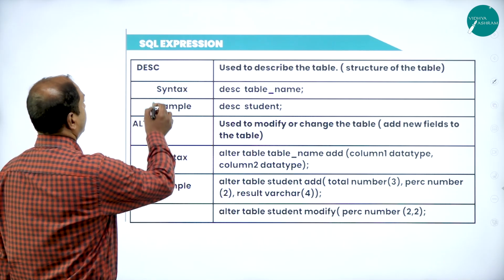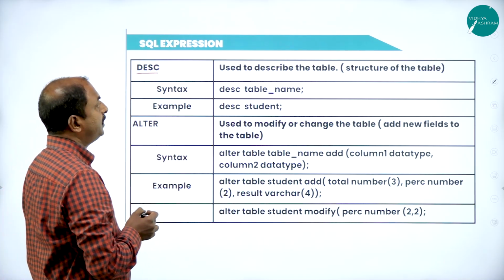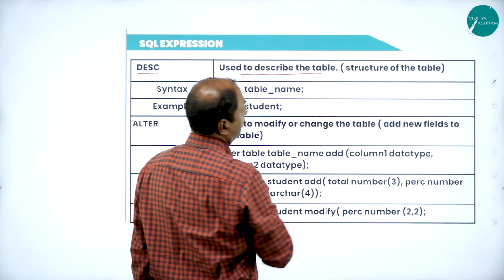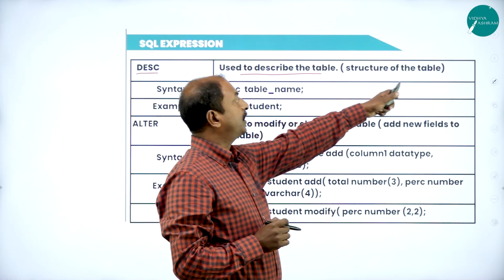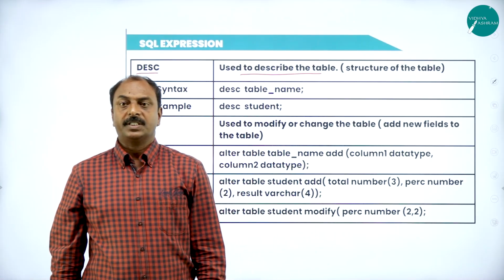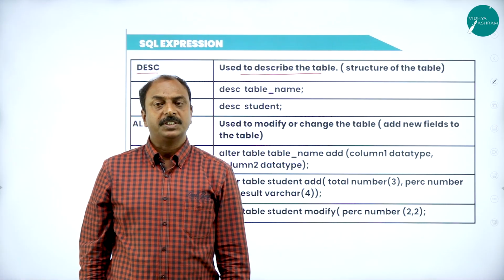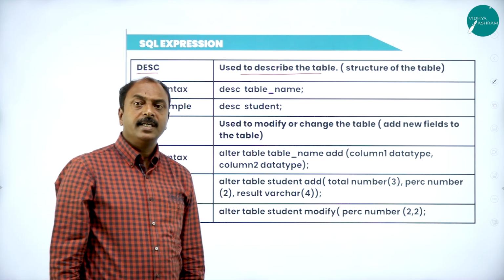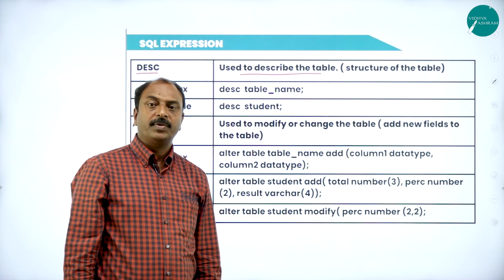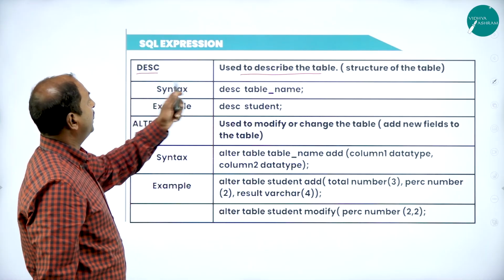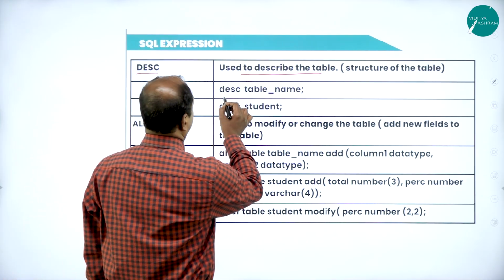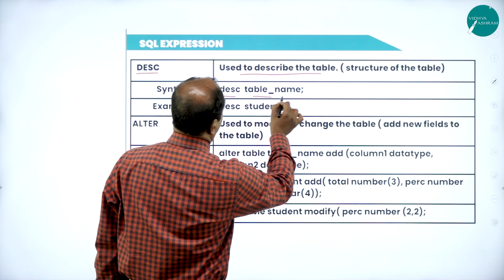Here DESC, this is describe. This is another command used to describe the table, or it displays the structure of the table. The structure of the table is nothing but the number of columns with data type and the size of the data type that we have created. So DESC stands for describe the table, and the syntax is DESC space table name.